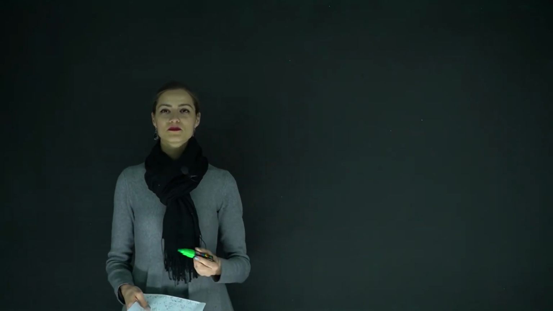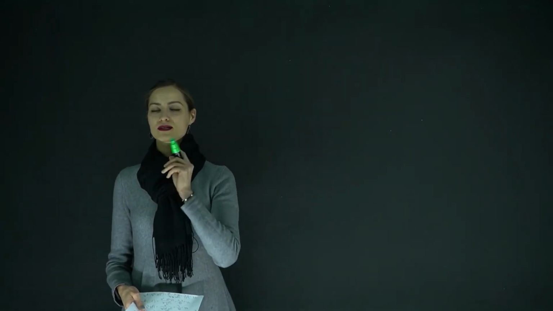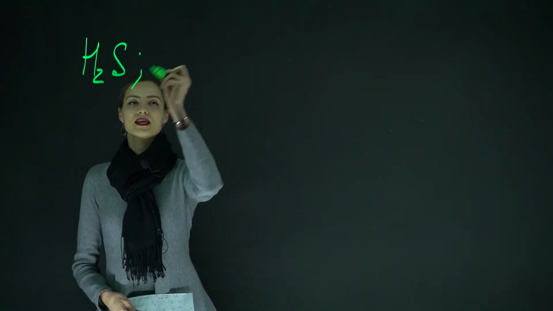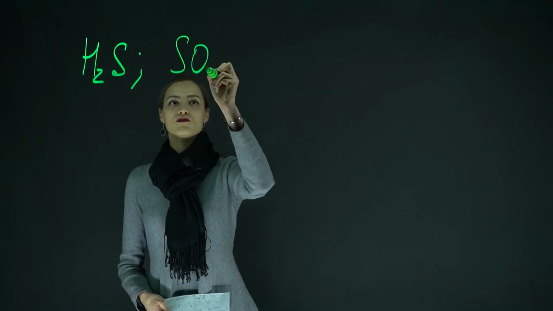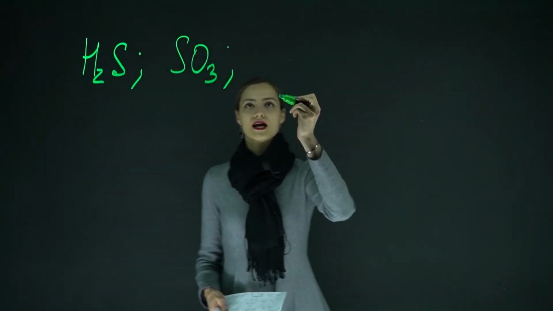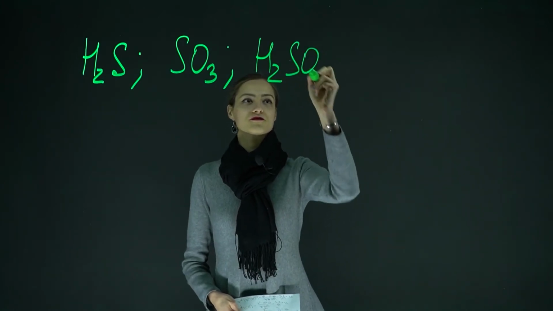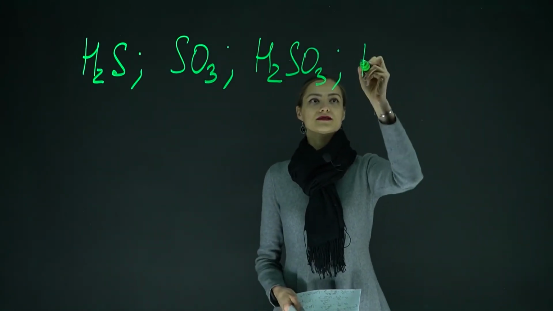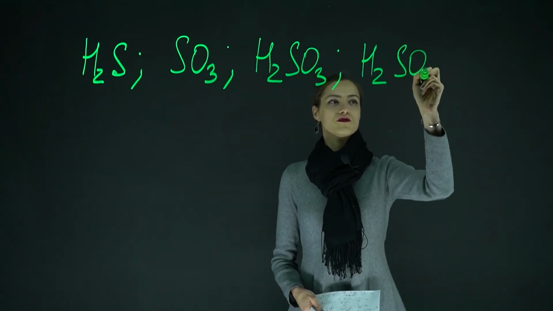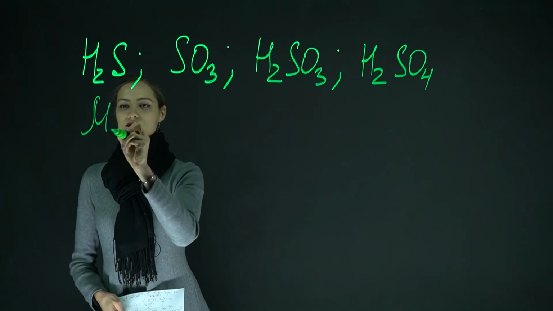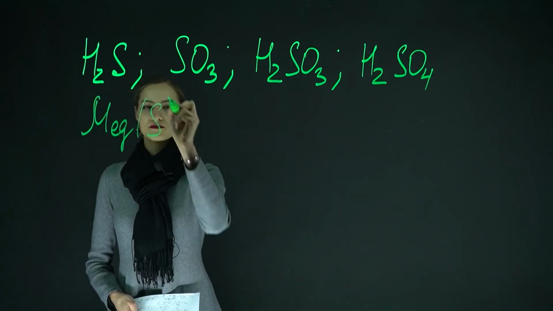For example, we need to calculate equivalent mass for sulfur in complicated substances, for example H2S, SO3, and let's take 2 acids, H2SO3 and H2SO4. But our task is to calculate equivalent mass for pure sulfur.